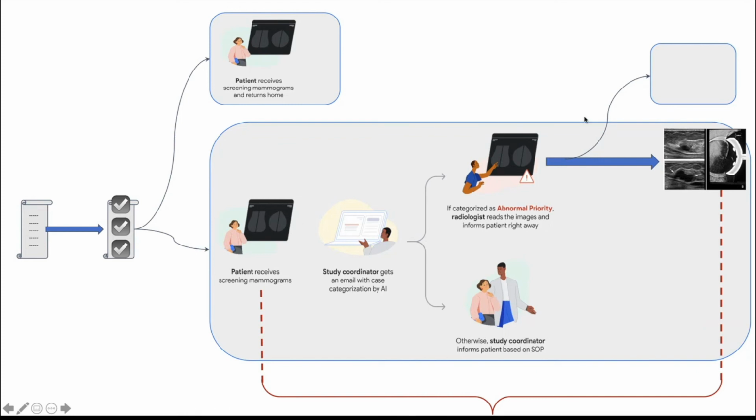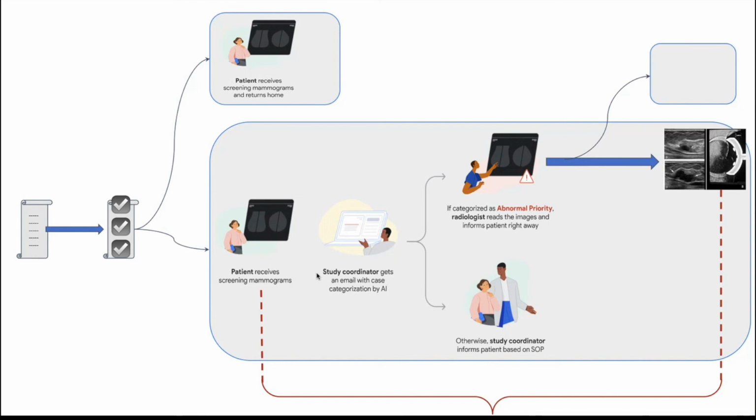So now if the radiologist agrees that this could be something that needs follow-up, because of AI we are now able to offer a same-day workup. In the past, this process would sometimes take up to a month, but now, just due to prioritization with the AI, we can have this occur in a matter of hours, essentially.